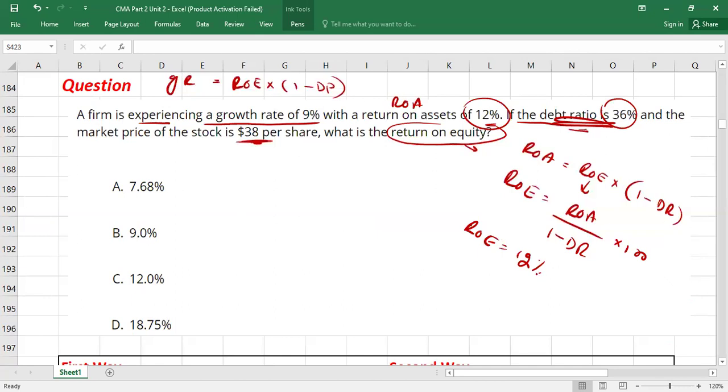This is return on asset divided by 1 minus debt ratio. Debt ratio is 36%, so without the percentage it becomes 0.36.